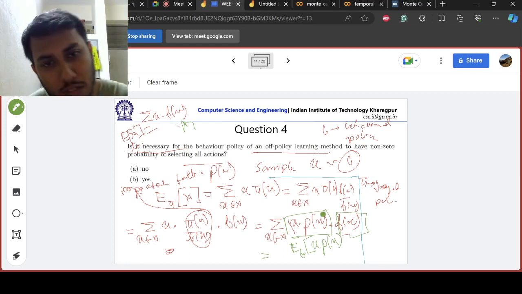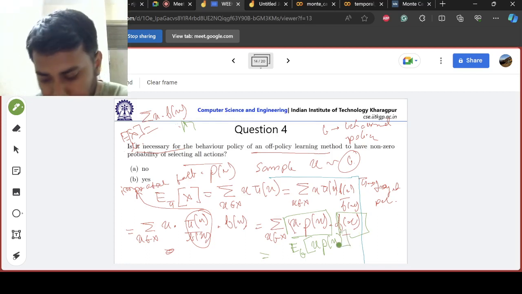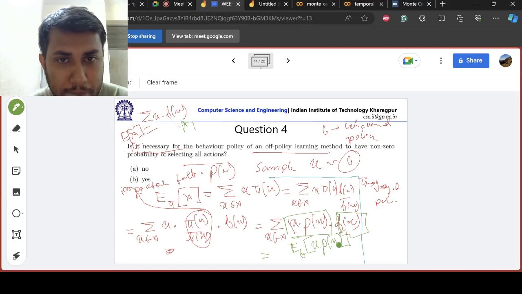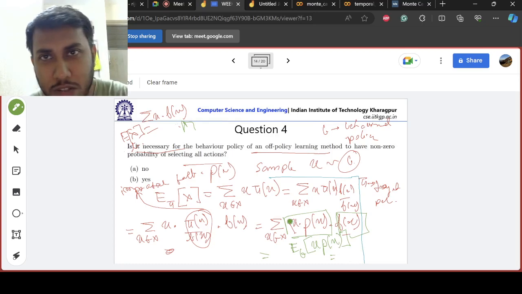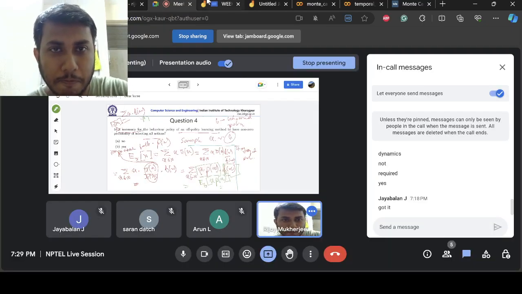This is the expectation we are trying to calculate, and then you can do the rest with average sampling.